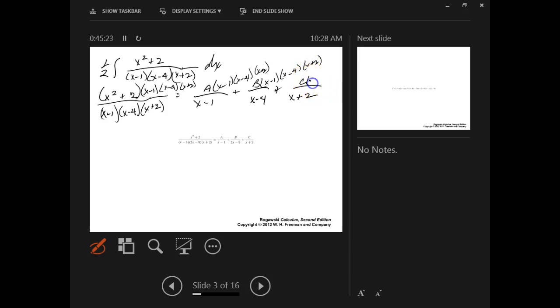And this is times x minus 1 times x minus 4 times x plus 2. Okay. Now what? Get rid of any common factors. X minus 1 of x minus 1, x minus 4 of x minus 4, x plus 2 of x plus 2. That's nice. X minus 1's here, x minus 4 is there, and x plus 2's there.